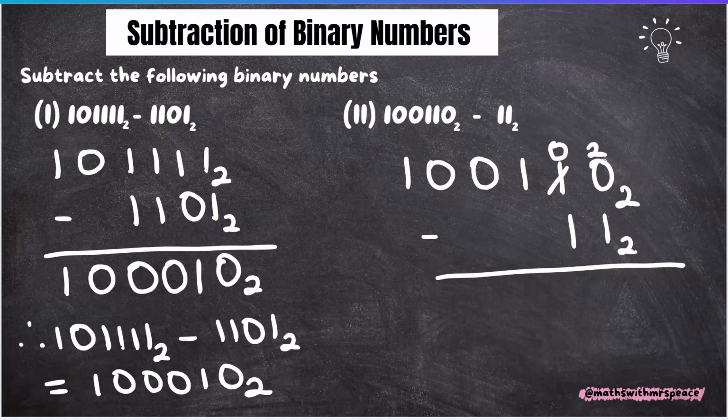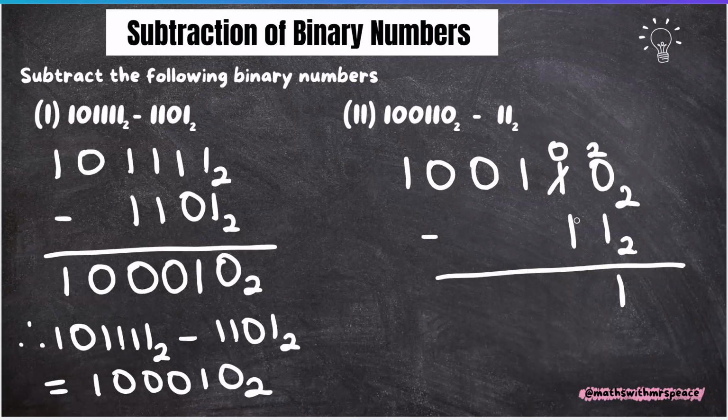Just like when you are working in base 10, if you borrow 1, when you come to this side, it becomes a 10. In base 2, if you borrow 1 from here, when you bring it to where you are borrowing to put, it becomes a 2, not a 1. So this is going to be 2, and 2 minus 1 will give us 1.